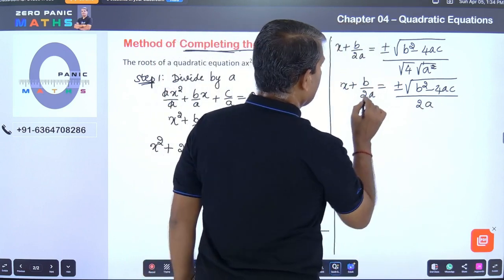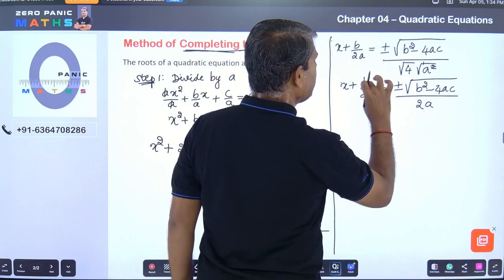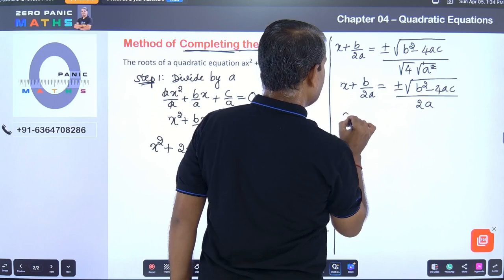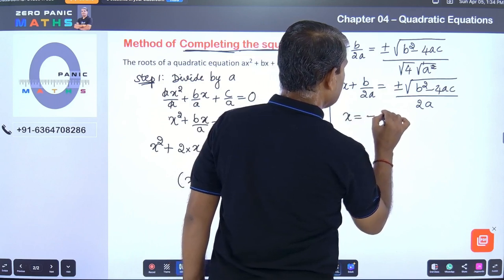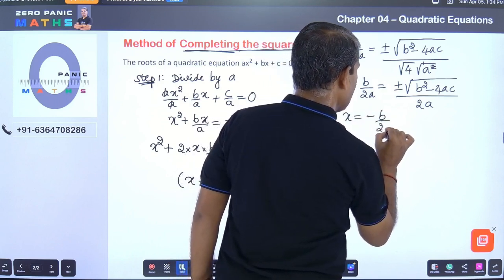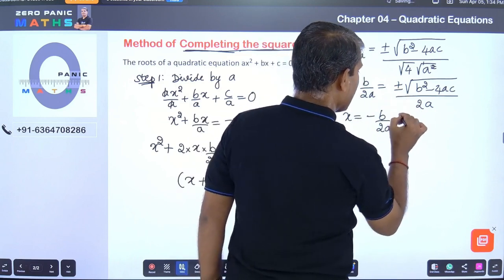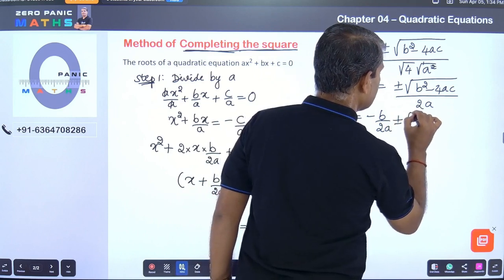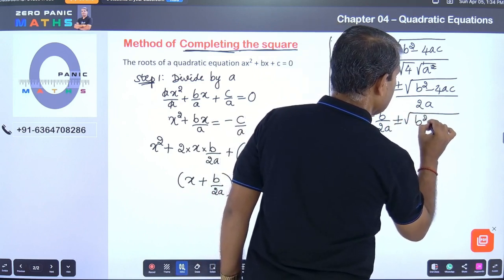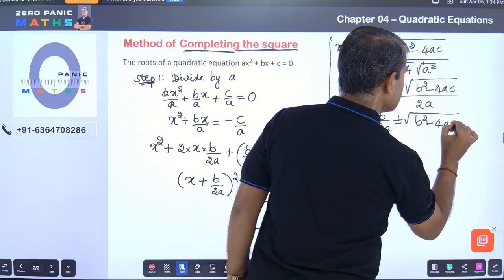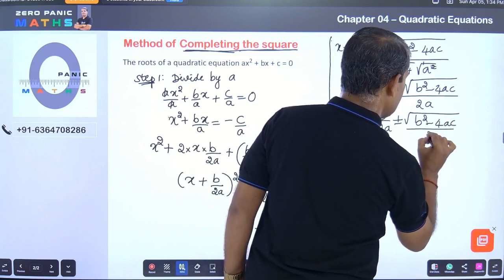Fine. Now take plus b by 2a to that side, which will give me minus b by 2a plus or minus, as it is, square root of b square minus 4ac divided by 2a.